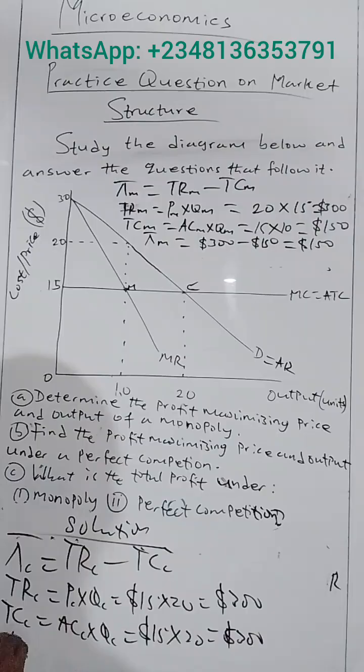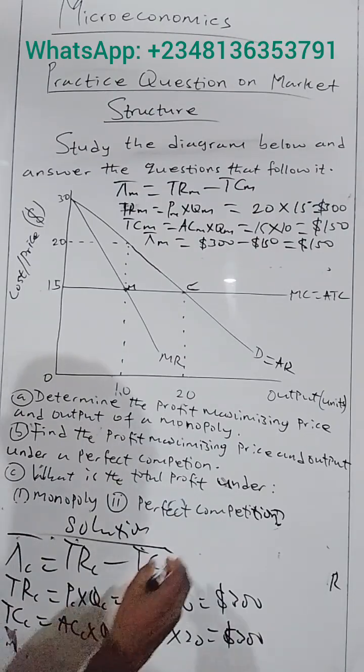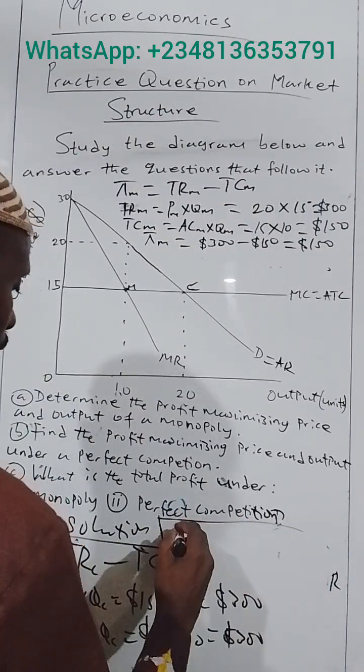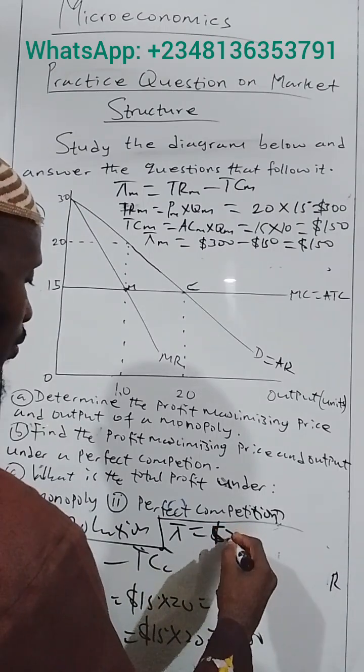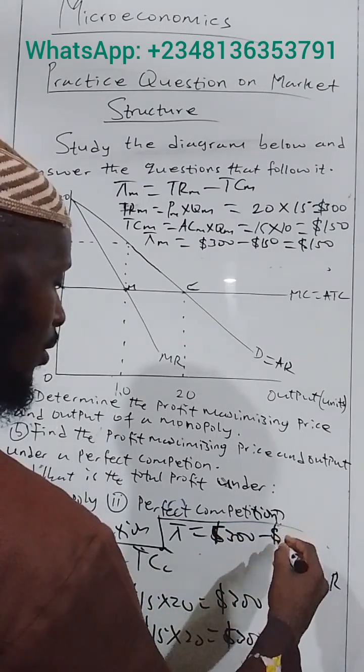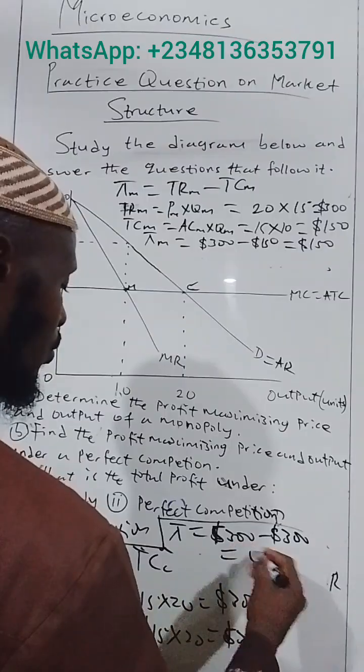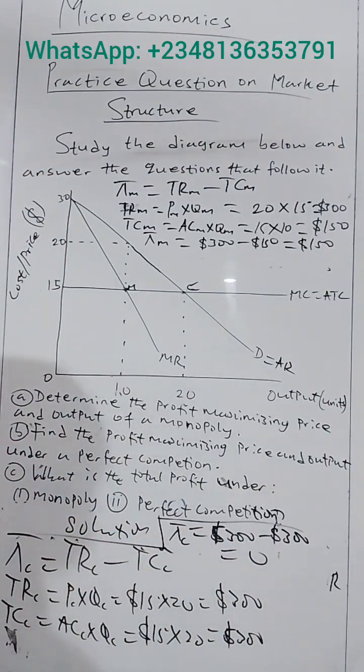Therefore, let me do that here. The profit of the firm will be 300 US dollars minus 300, which is equal to 0. For perfect competition, the profit is equal to 0, while for a monopoly market, the profit is 150 US dollars.